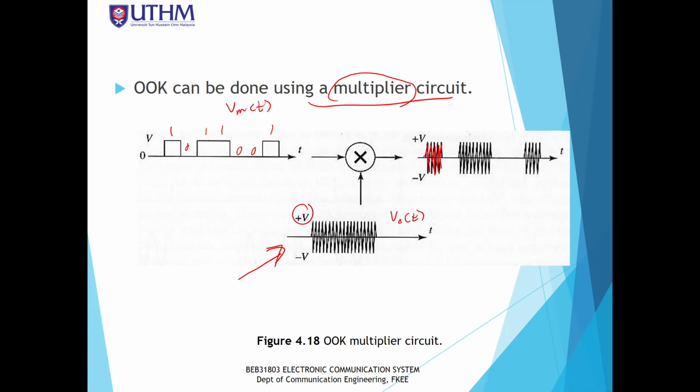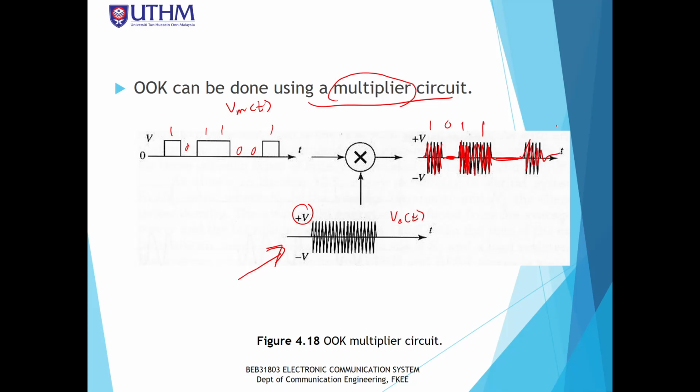The next one is logic 0, so 0 multiplied with anything produces 0 output. Then input logic 1 produces a signal similar to the carrier voltage. Another logic 1 again follows the carrier waveform, and then 0 0 is off, and then on again.